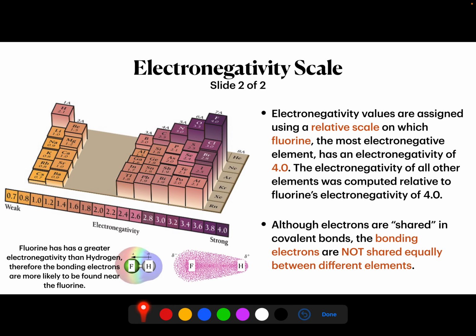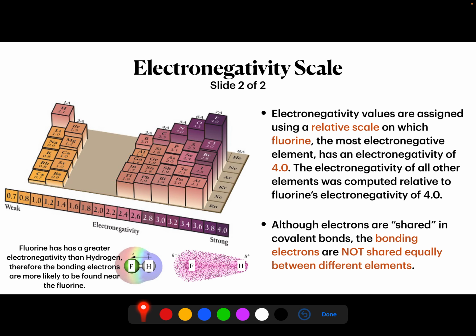Some elements have a higher electronegativity value, so they are more electronegative, and that would mean the electrons are more greatly attracted to that particular element. And what do I mean by the electrons? I mean the electrons that are in that bond. Those shared electrons are spending more time closer to one of the atoms than the other.